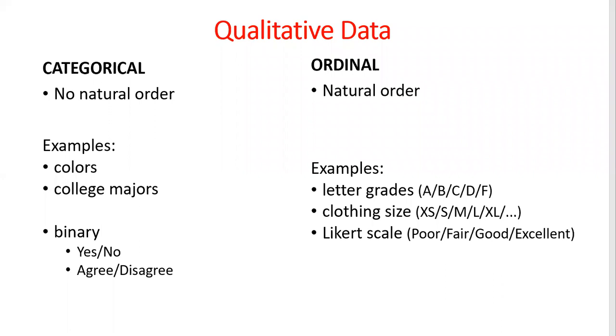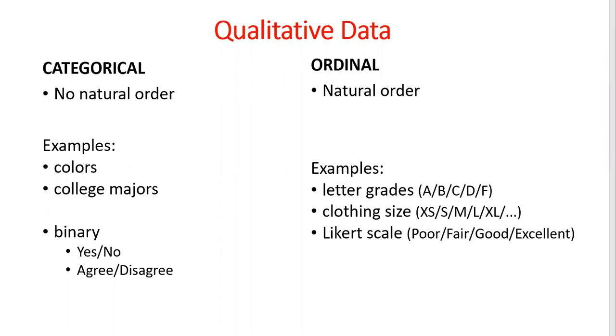The qualitative data could be further divided into two categories: the categorical and ordinal data types. Categorical data types have no natural order, for example, colors and college majors.